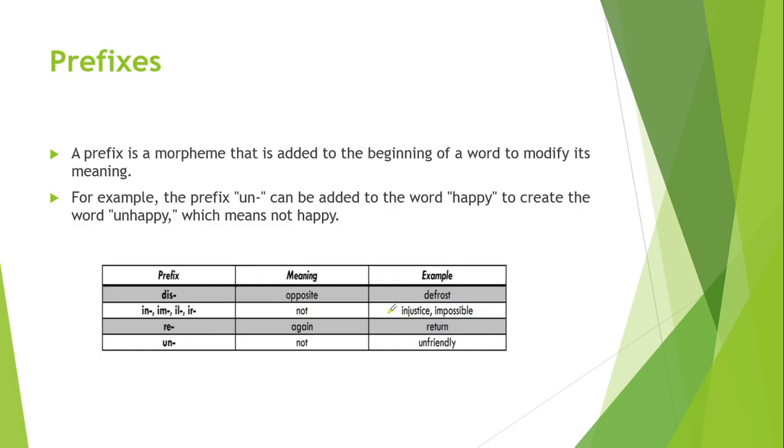Ill-mannered is also an example. Then the third type of prefix is re. Re means again: return, rejoin, rejoice. And the prefix un means not: unfriendly, unnecessary.